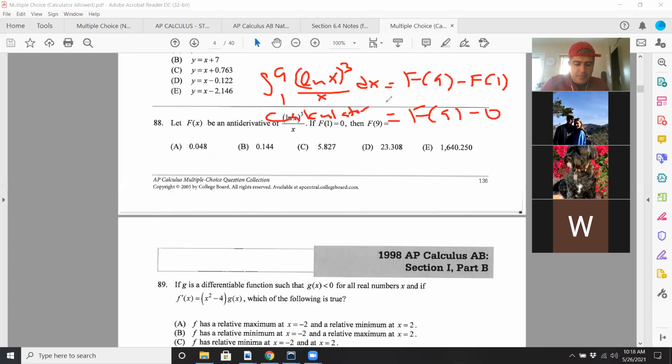And then I do natural log of x cubed divided by x. So I get 5.827. And that's why the answer is C. So there you go for that one.